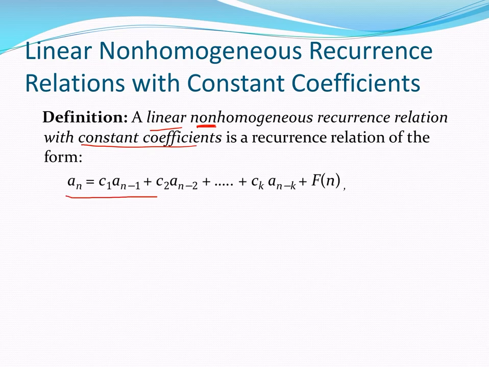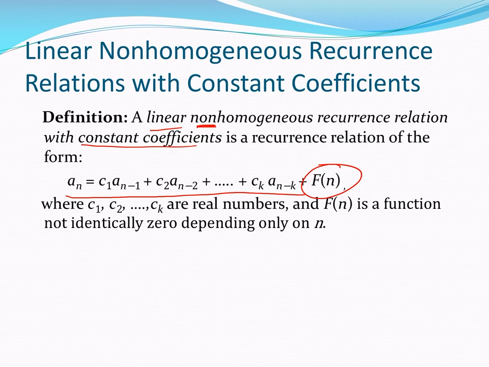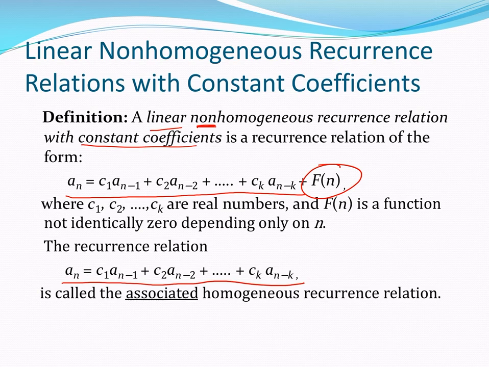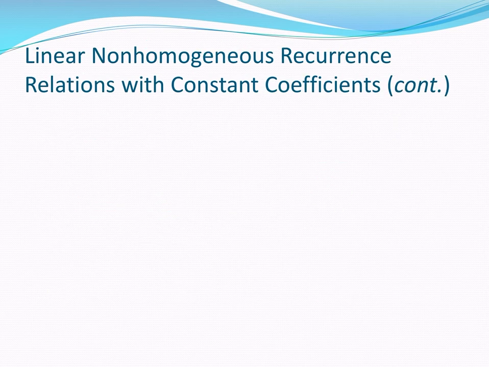It looks exactly like a linear homogeneous recurrence relation with a function in n added onto it. And the recurrence relation that is everything but that f of n is known as the associated homogeneous recurrence relation. And you see that it is a homogeneous recurrence relation.